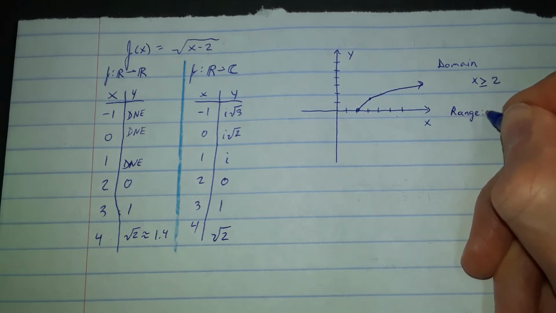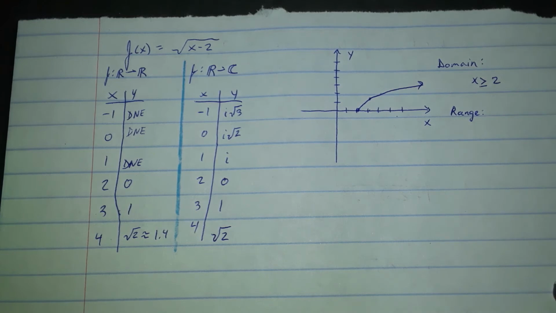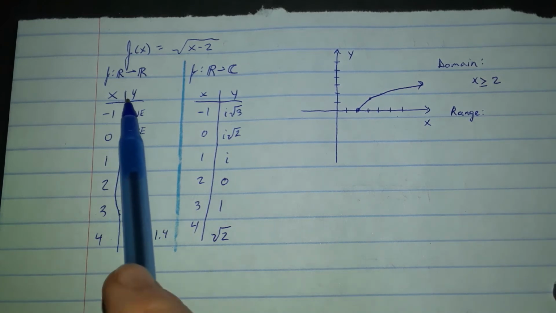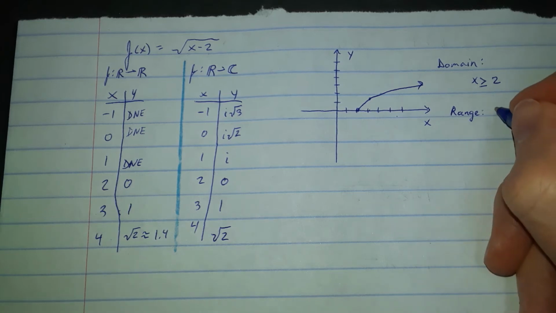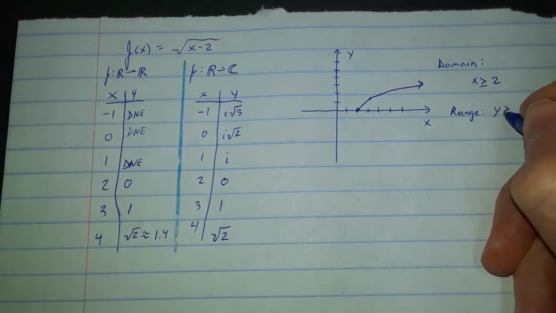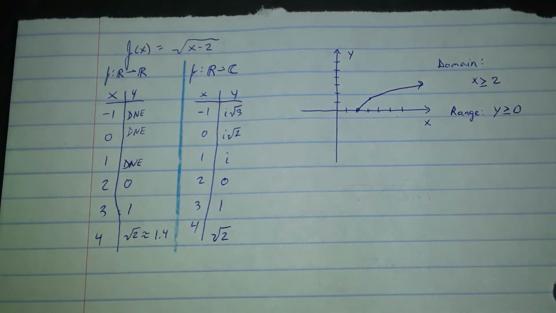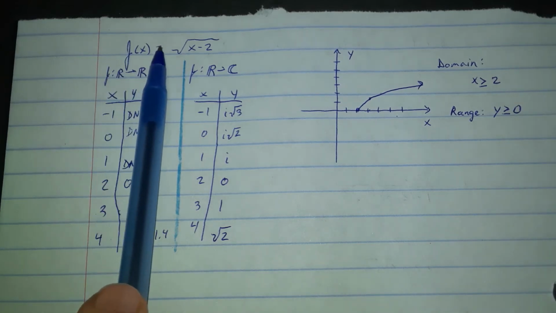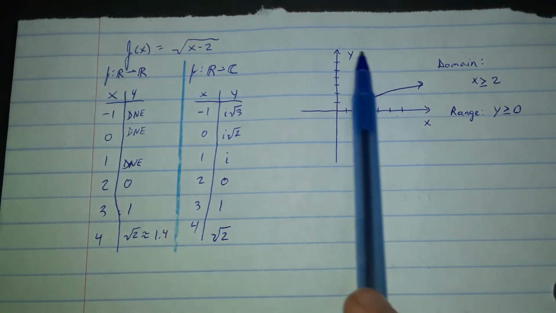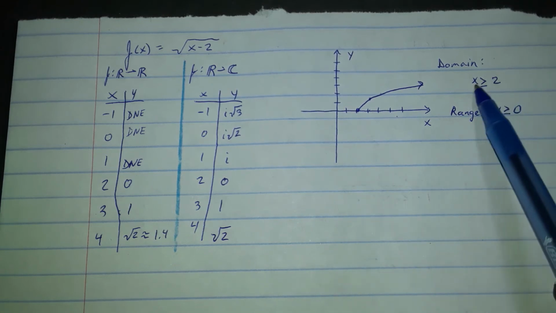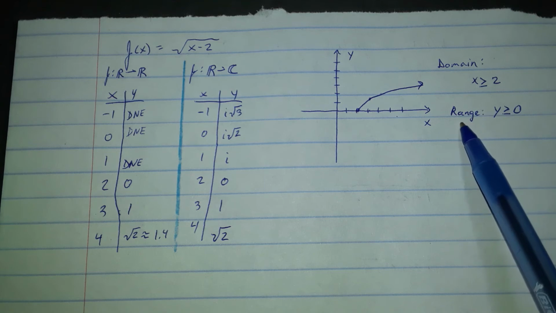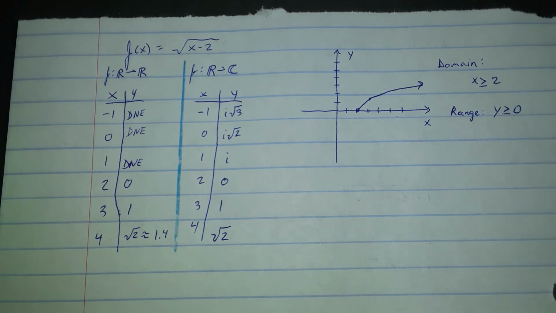So for our range, what y values are going to exist? Well, y values started existing at 0 and counting up. So y was going to be greater than or equal to 0. So the domain and range for this function in something that's graphable on the Cartesian coordinate system is going to have a domain of x greater than or equal to 2, a range of y greater than or equal to 0.